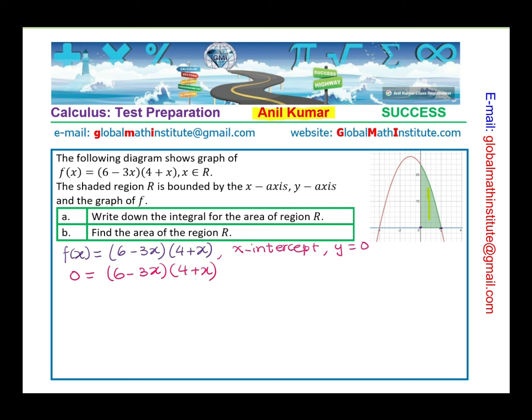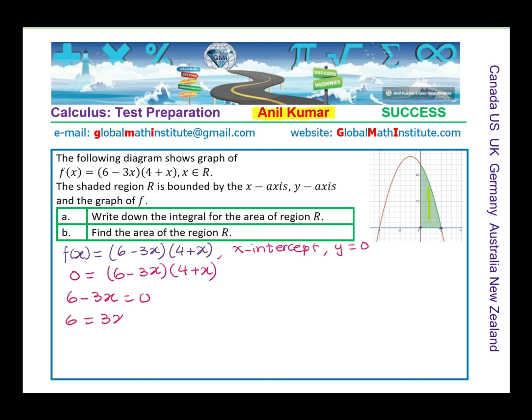From the zero product theorem, we can say that the two factors should be 0. So 6 - 3x should be equal to 0, which gives you 6 = 3x, or 6 by 3 equals x, which is 2. That is one value.